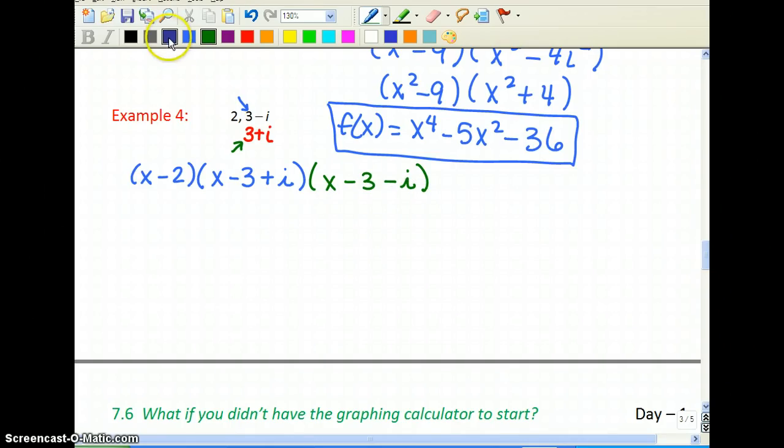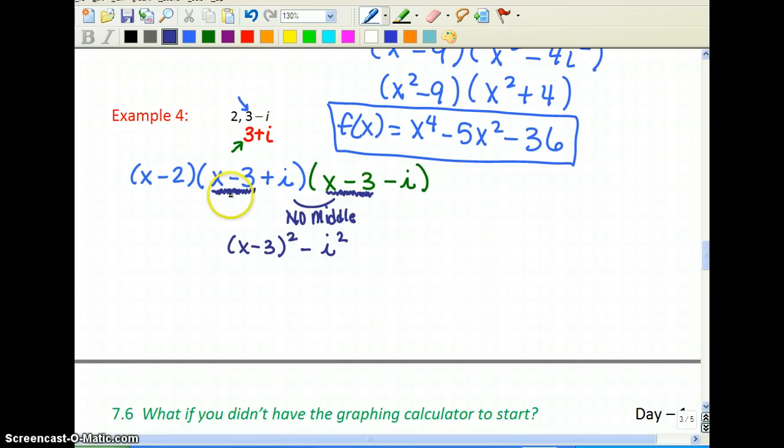Now I've got to multiply all of that stuff together. I'm going to do these two together first. We've done this before, so you have to remember how to do this. You want to think about connecting this together with this. And now you have a no middle. You have x minus 3 squared minus i squared.